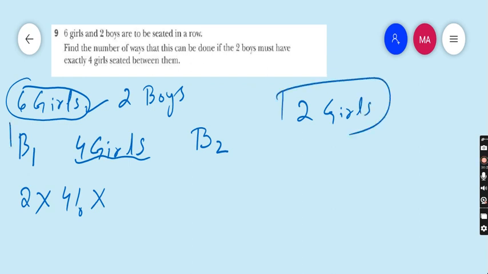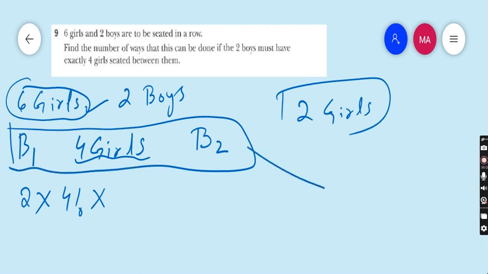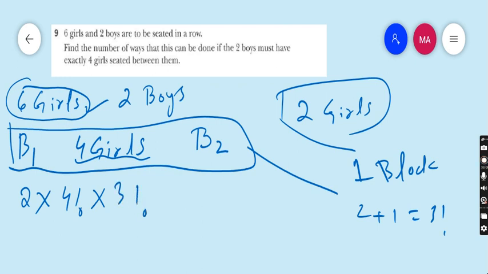And for this B1, 4 girls, B2, we make one block. So 2 plus 1 is 3. So we have to write 3 factorial. The answer is 288.